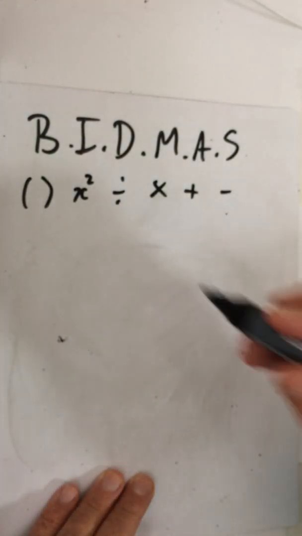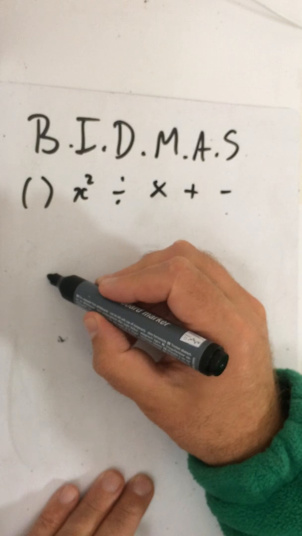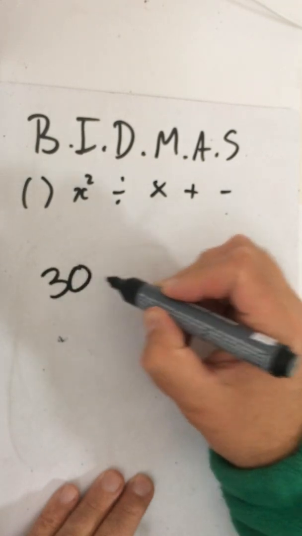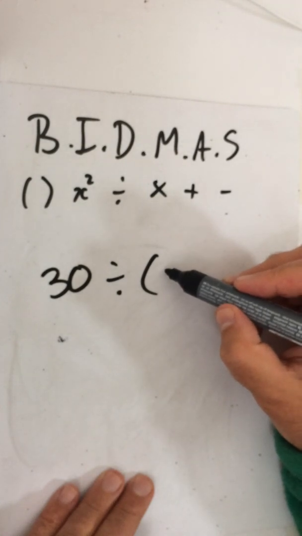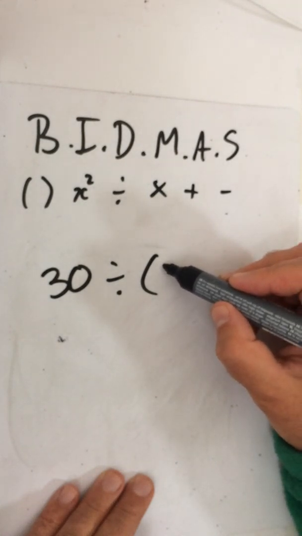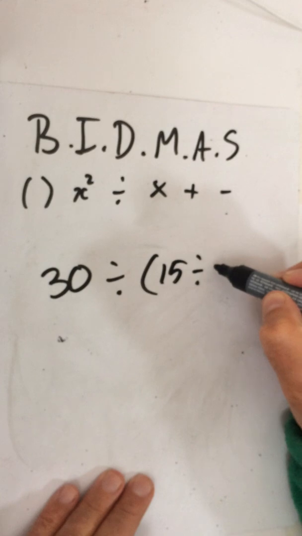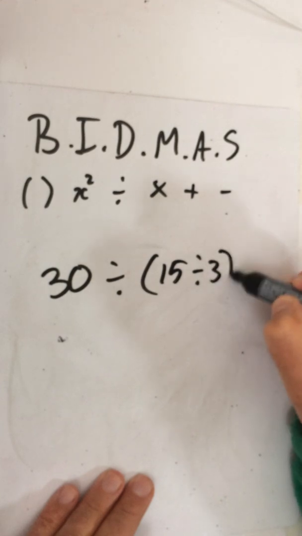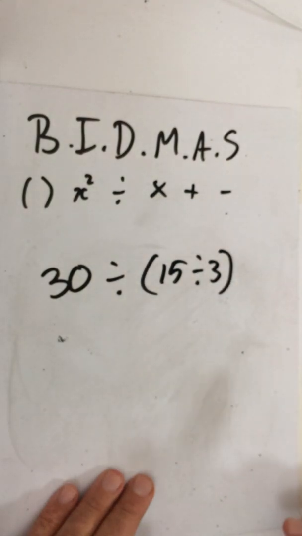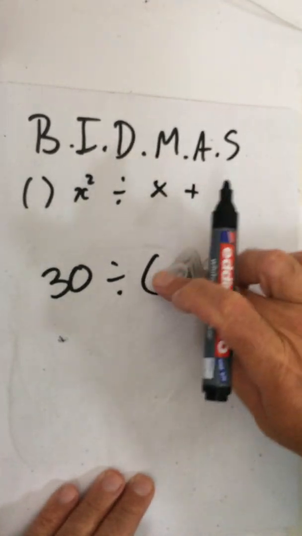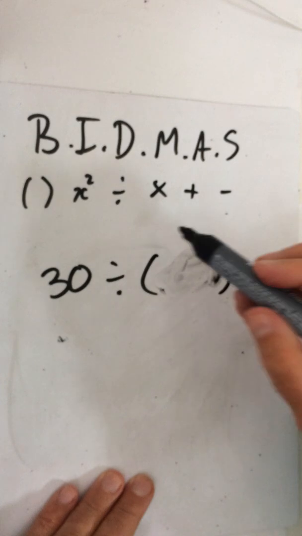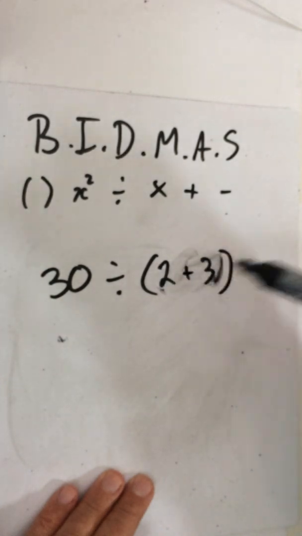Okay, so again I might have 30 divided by 2 plus 3, in brackets.